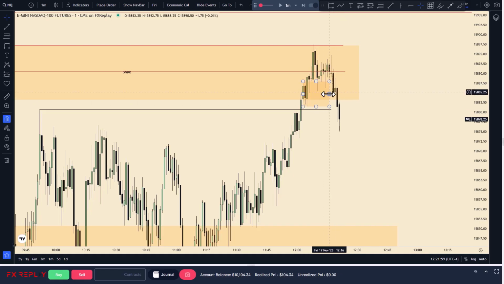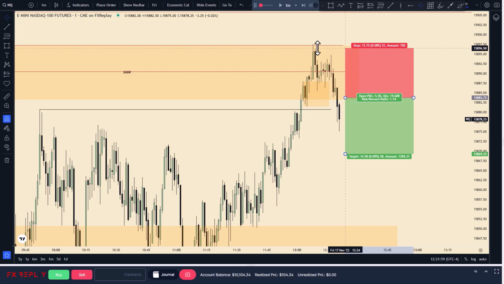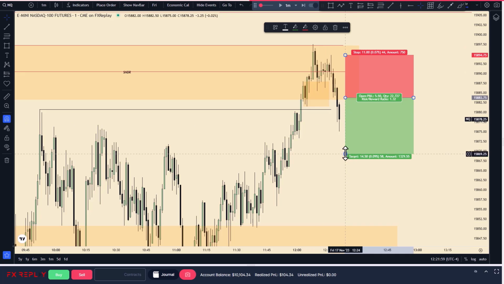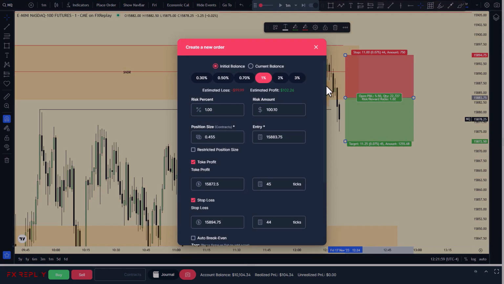Although it doesn't look like an SNDR, it's just a wick to wick, and this doesn't look like a valid pullback, so this is not a valid low, but still on the lower time frame, these two are perfectly valid. So let's see if we're gonna get a shorting opportunity maybe from the SNDR. I'm gonna put my stop loss here, not here. And let's see if we're gonna take a 1 hour trade. Okay.